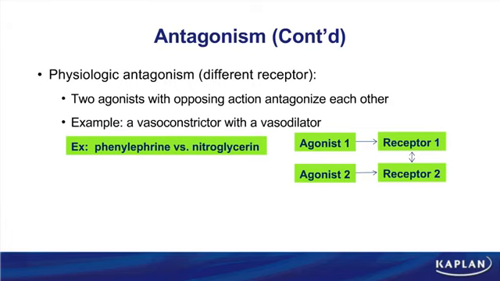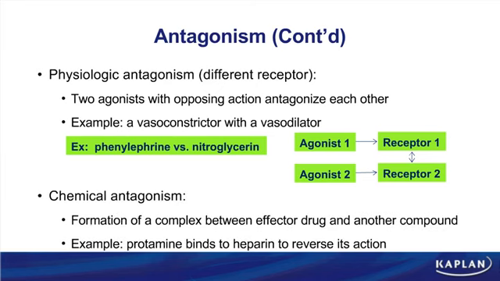Each of those systems uses its own neurotransmitter and different receptors to cause that effect, and they oppose each other. For example, on the heart, muscarinic M2 receptors stimulated by acetylcholine are going to slow the heart down, whereas beta-1 receptors stimulated by norepinephrine are going to increase the heart rate. Opposite effects, that's what we call physiologic antagonism.